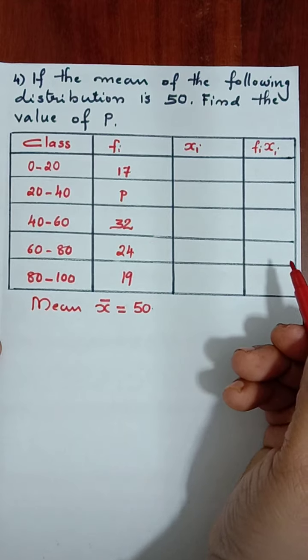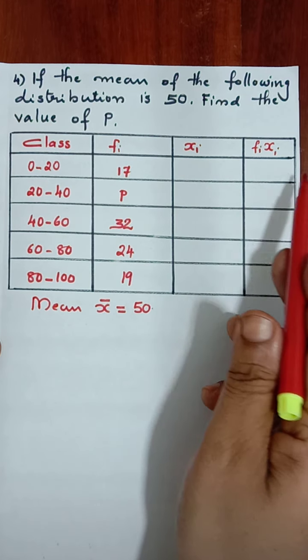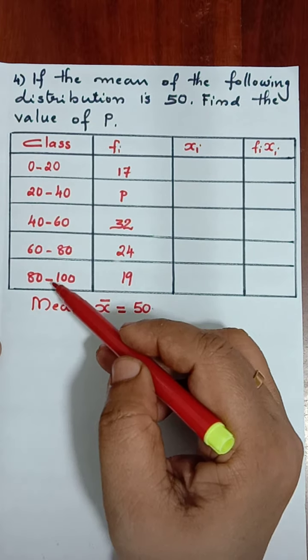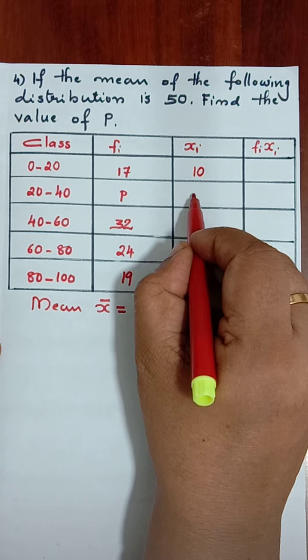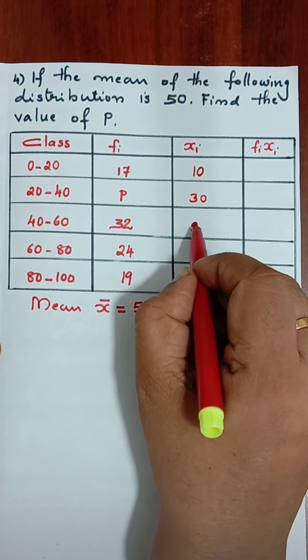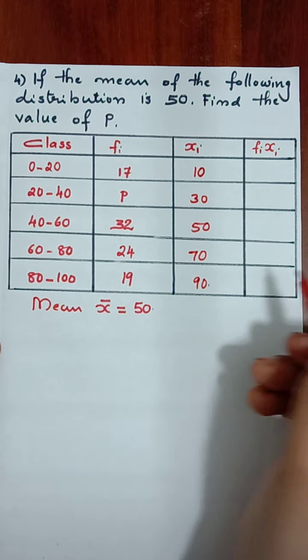So when we use the mean formula, we know the next step is finding xi, then fi into xi. Xi is the mid value of the classes: 0 to 20, 10; 20 to 40, 30; then 50, 70 and 90. It is easy.